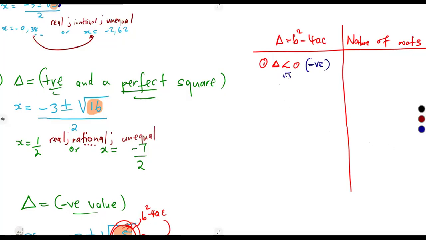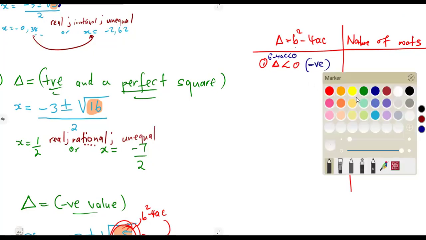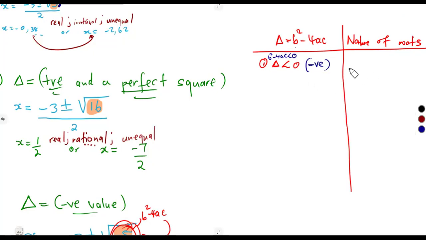But as we are not simplifying that part, we just want to simplify b squared minus 4ac. If b squared minus 4ac is less than 0, when it is a negative, it means the roots do not exist. They are non-real.